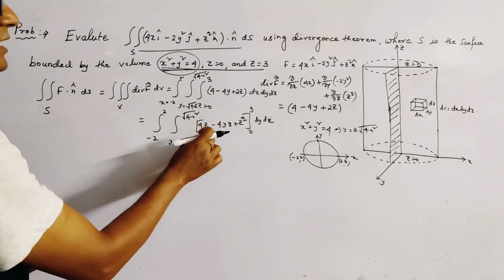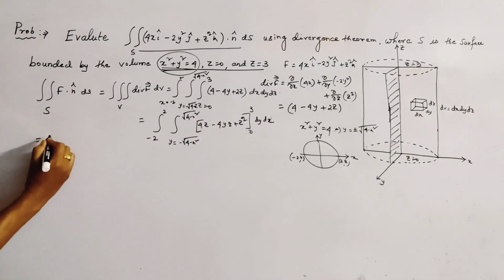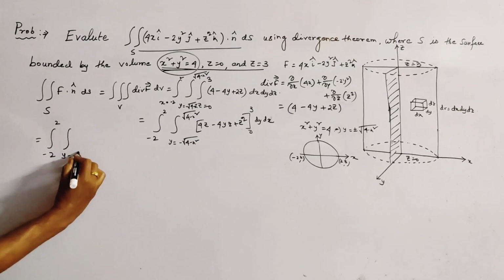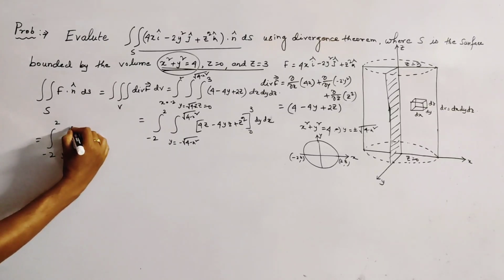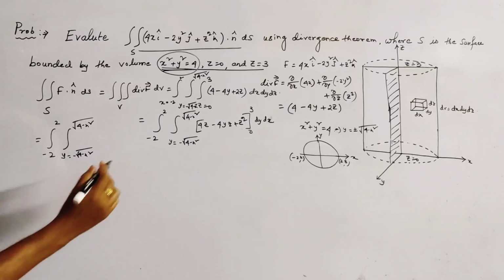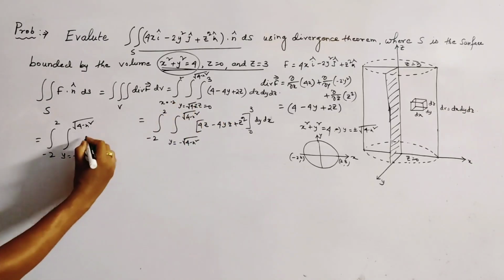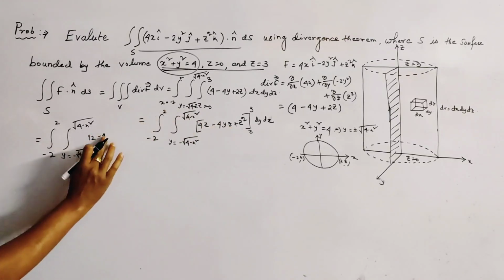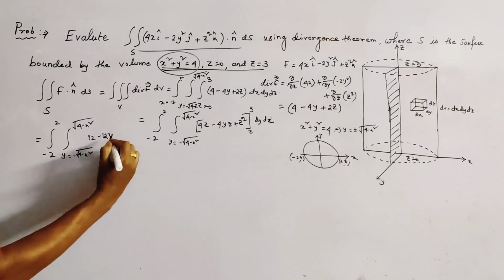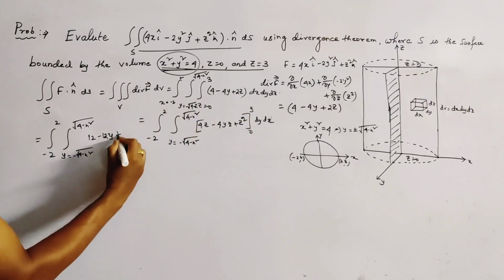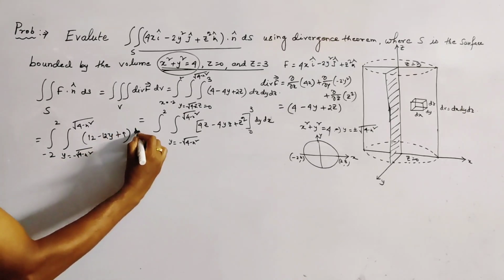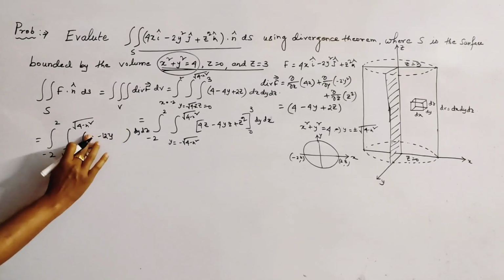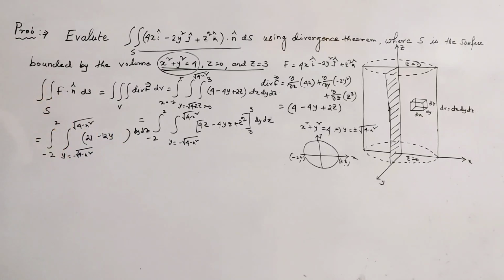Now we put the range here and get the integration of 4 into 3, which is 12, minus 4 into 3 into y, which is 12y, and plus 3 squared, that is 9, dy dx. So 12 and 9 add together, and this is 21 minus 12y.